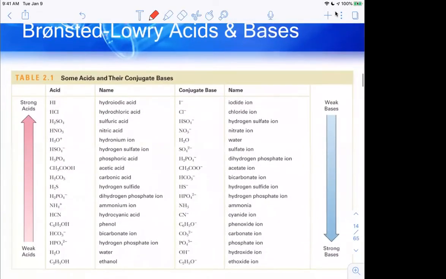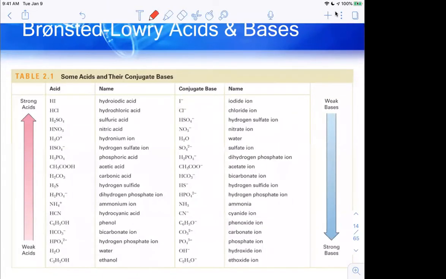This is a chart of various Bronsted-Lowry acids and bases. In this column, I have the acids and then the name of those acids. This is the conjugate base. This is when I've lost an H plus. Notice HI becomes I minus.